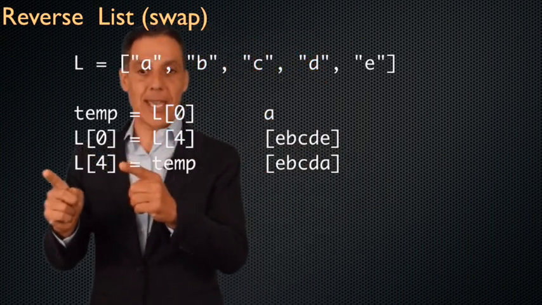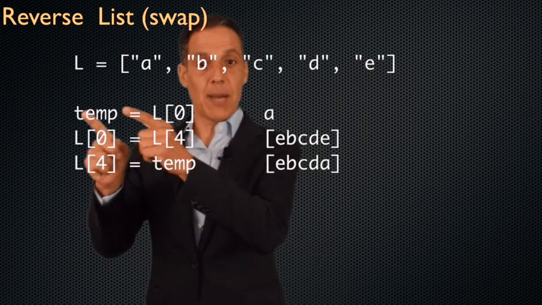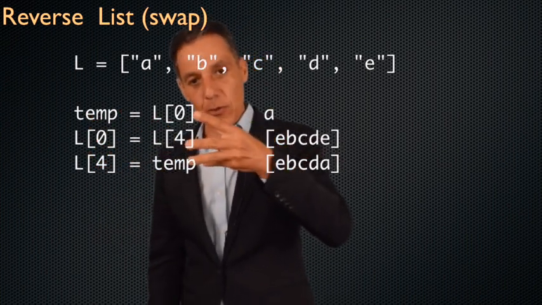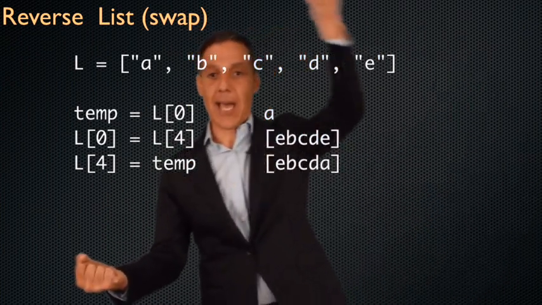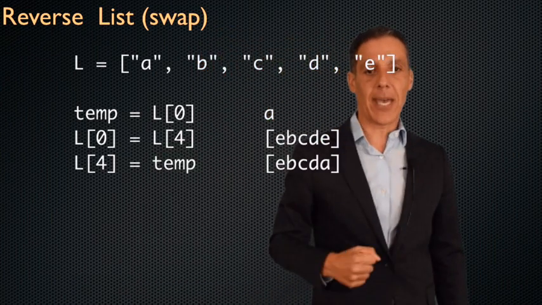And now I simply say L sub 4 equals not L sub 0, but the temporary variable, because L sub 0 has been overwritten. So look at those 3 lines of code right there. That's a swap. I hold on to a temporary variable of what I'm about to annihilate. I annihilate it. And then I take that temporary variable and I shove it back where I want.